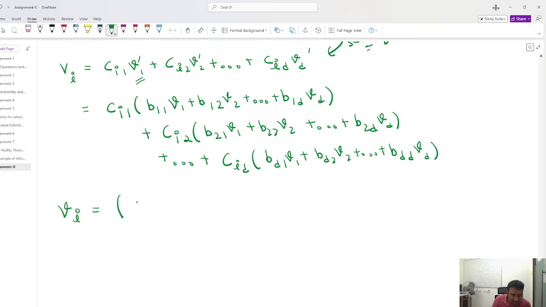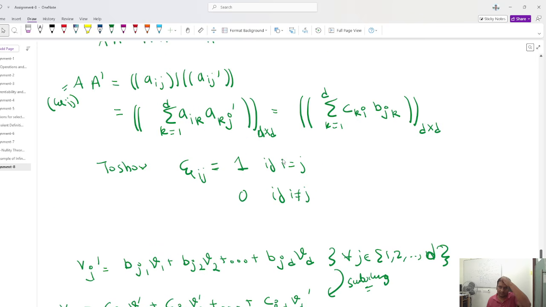The coefficient of V1 will be Ci1 B11 plus Ci2 B21 plus, you see something happening, plus dot plus CiD BD1. Correct?